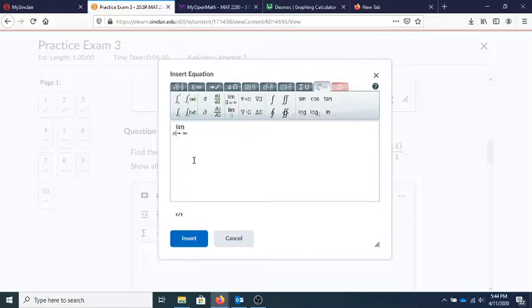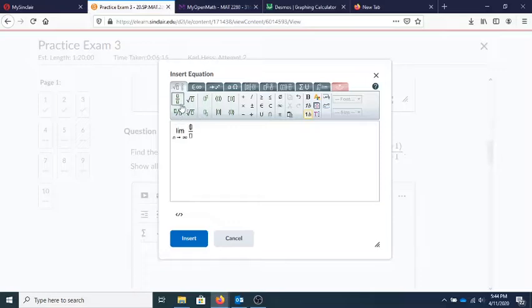I have to click in that little box and type in an n. Alright, now I'm going to go back to my original tab so I can get the fraction symbol. I'm going to say the limit of the natural log of n plus 1 divided by, now notice there's a little square root symbol I can use, square root of n plus 1.